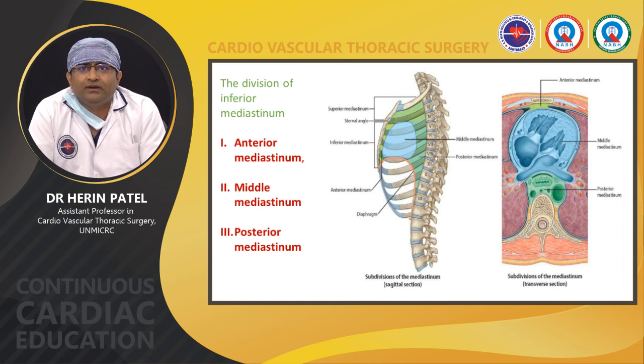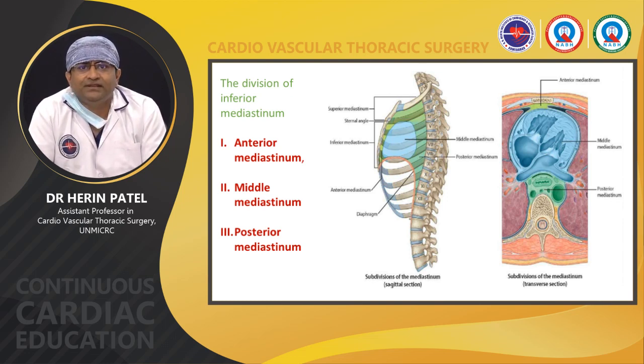The middle mediastinum is the broadest of all the inferior mediastinum, which contains the heart, the pericardium, the ascending aorta and the pulmonary trunk.